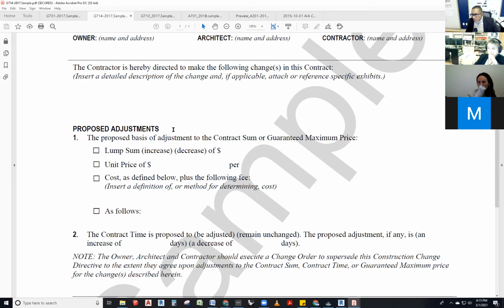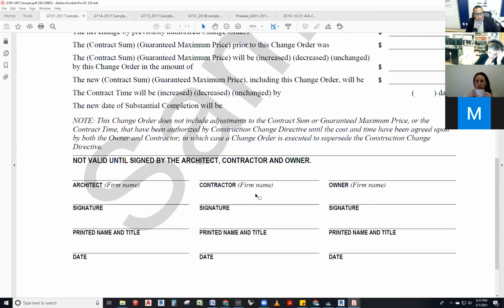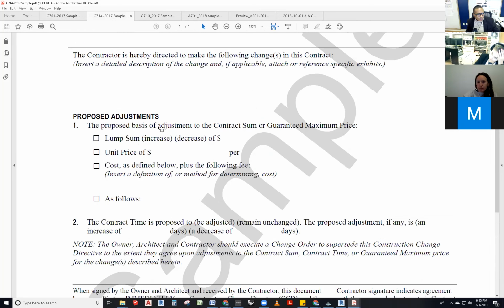We will discuss those costs later, either through mediation, arbitration, or litigation, or even by the initial decision maker, which you might know is by default the architect, the IDM. The change order is agreed upon by everybody. Everybody knows it, everybody agrees upon it. It's signed, and it's not valid until it's signed.